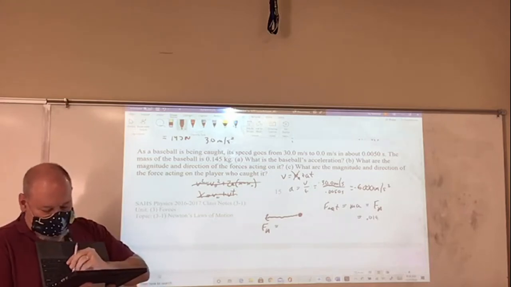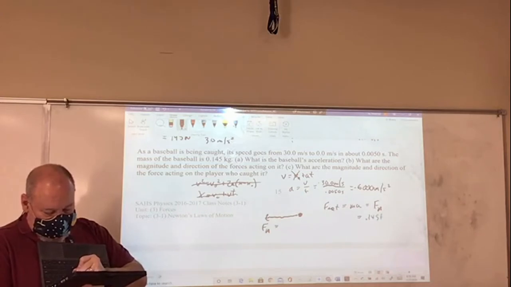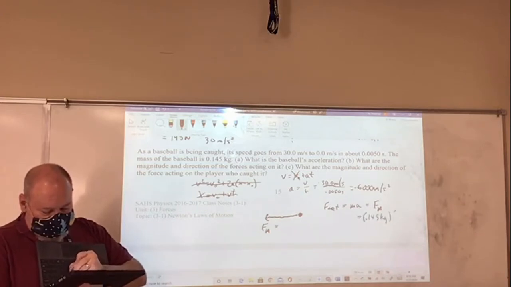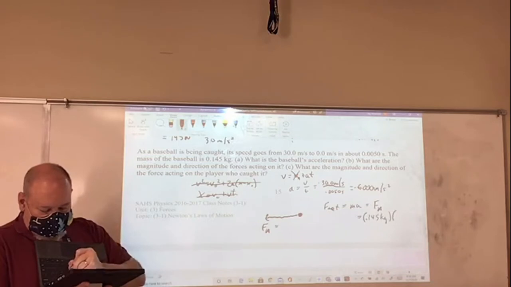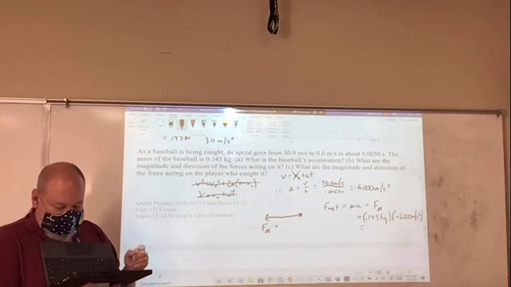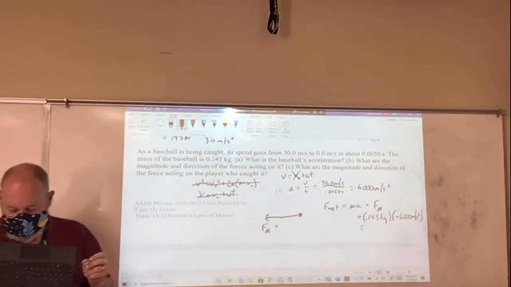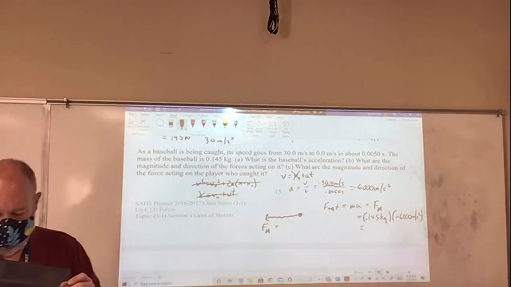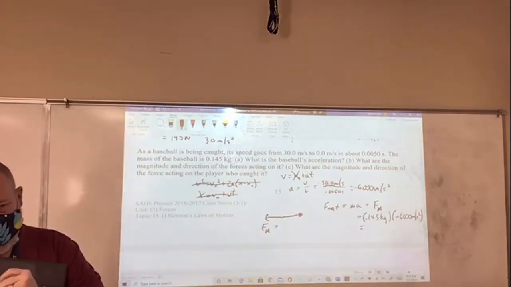That's going to equal 0.145 kilograms, sorry, times the acceleration, which is negative 6,000 meters per second squared. So if we could multiply 6,000 times 0.145. Got 870. We have 870, so negative 870 newtons.